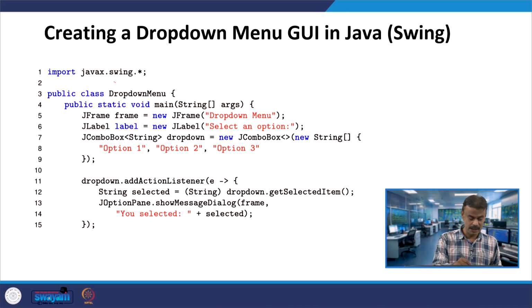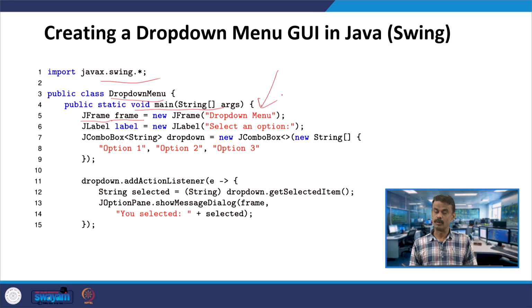As usual Swing is imported, you have a DropDownMenu class, and this is your main. DropDownMenu is the driver class, and frame is an object under JFrame. This will be printed in the frame, DropDownMenu, and in the label you have 'Select an option'. This we have seen several times.